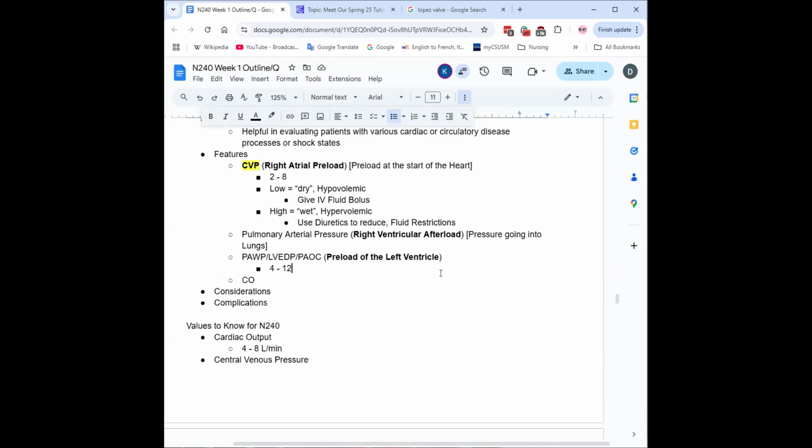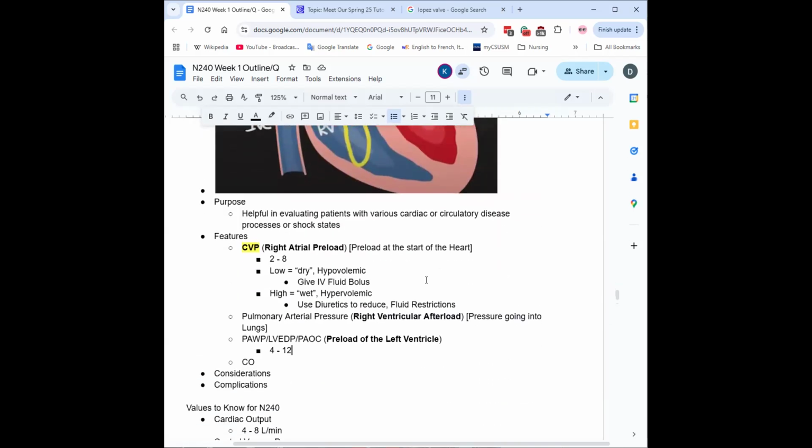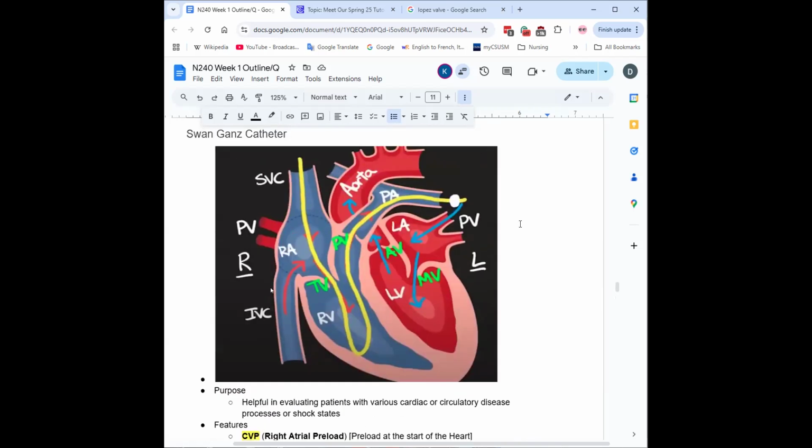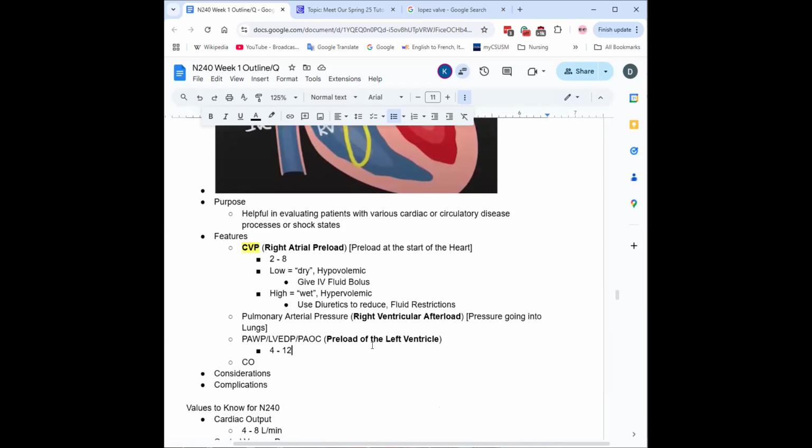So vasodilators versus vasoconstrictors, because those affect this, like the preload of the left ventricle. This is how much fluid you have to play with, and how much you have right before we go pump. This is what's going out into the body.